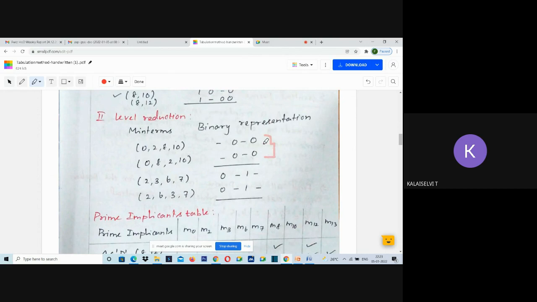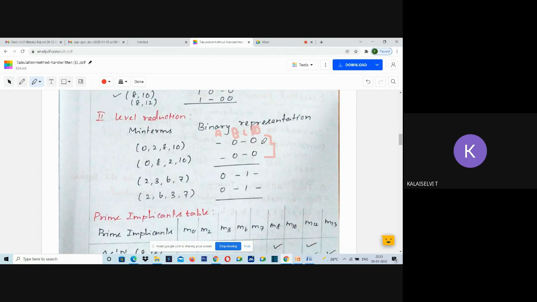So for these two, if we have the variables A and B, and this is C and this is D, what is the term we can represent for this? Sorry, this is only D. So in the A column we don't have any value, and in the C column we don't have any value. For B and D it is represented as 0.